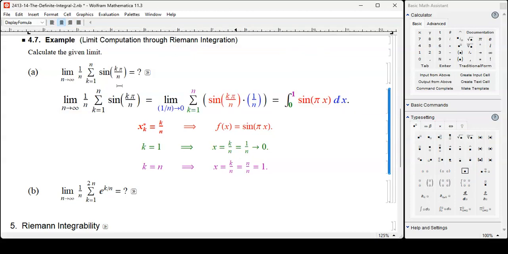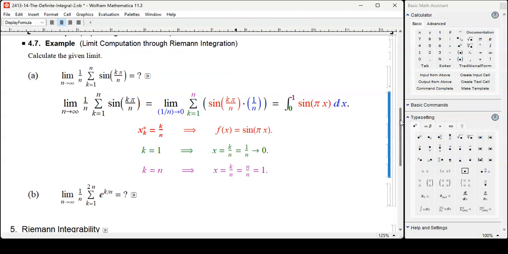So rewrite this integral into a Riemann sum form. Instead of n going to infinity, you can rewrite it as 1 over n going to 0, and 1 over n is your delta x. And your function, okay, that's a bit tricky part. You can put x as k over n.